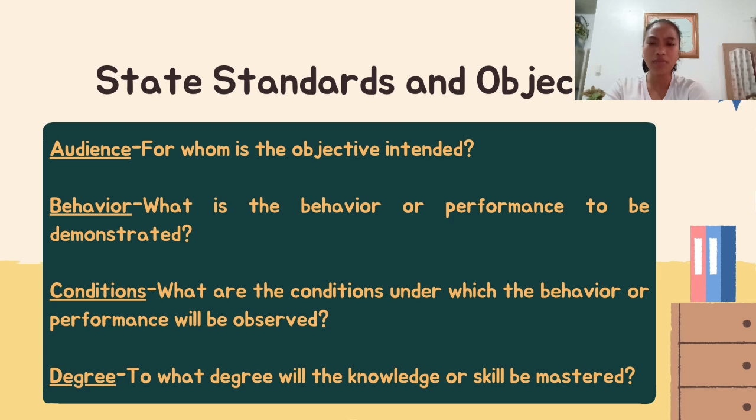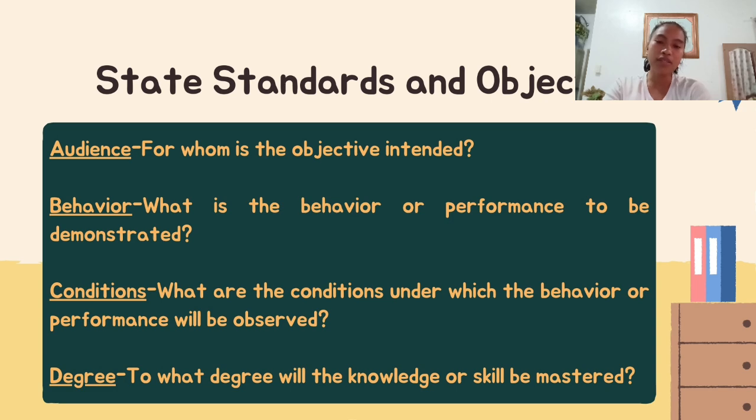For example, fourth grade students is my audience. A for audience will solve 2-digit multiplication problems using paper and pencil. This is the behavior: will solve 2-digit multiplication problems. The condition is the use of paper and pencil. With 90% accuracy, this is the degree.